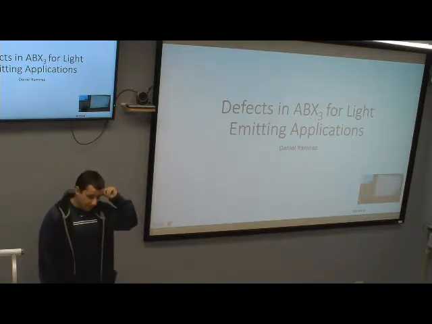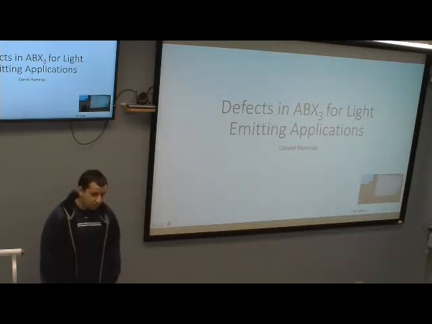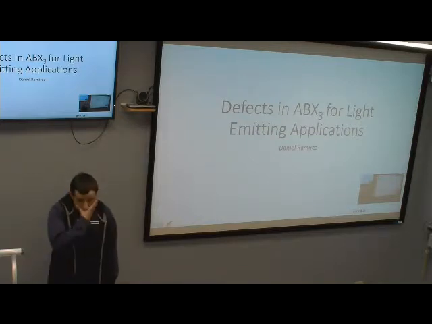But you're trying to say that in contrast to the typical approach to defects in bulk materials or even in other nanostructures such as quantum dots, for perovskite, defects actually do a good thing for increasing emission and can be used as a tool to tune these emission properties, which of course is promising. And why and how this works, this is what I will tell you during this presentation.